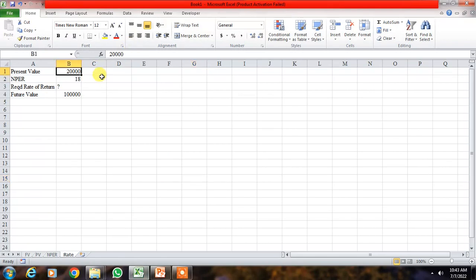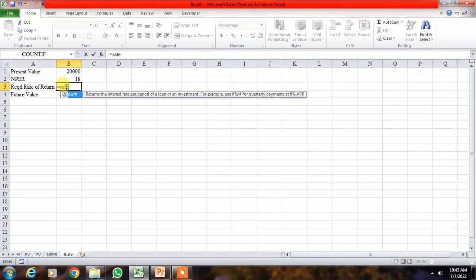The present value is 20,000, which you will invest today. The time period is 18 years. The future value target is 100,000. So how much return should you demand? Now, to calculate the interest rate, the formula is equal RATE.